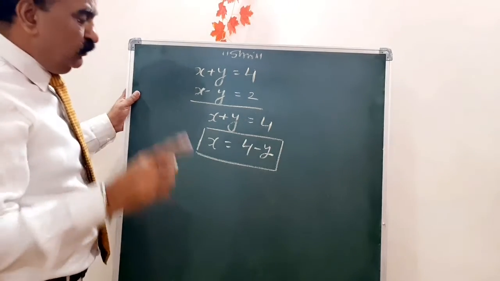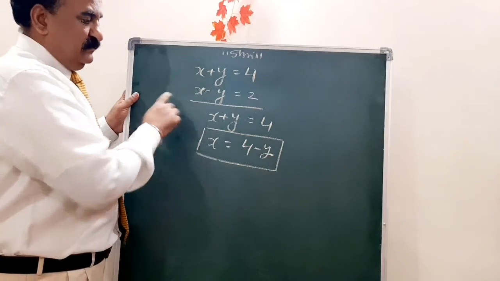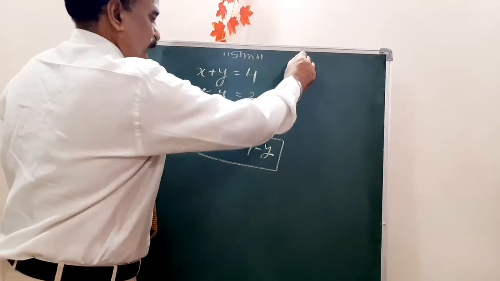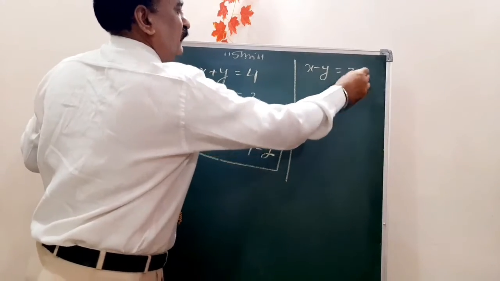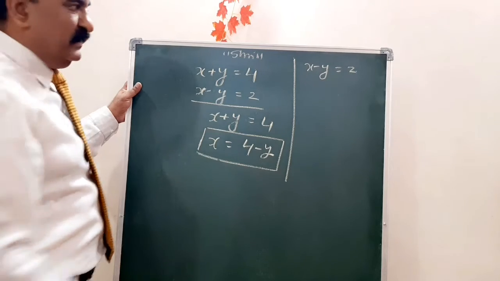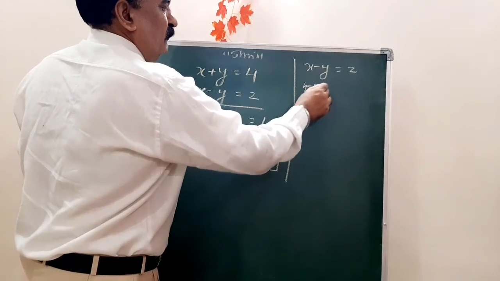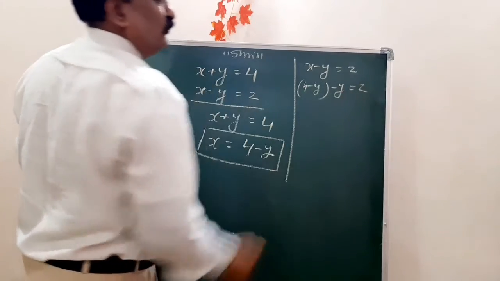Now what you have to do? You have to put this value of x in the second equation. It means x minus y is equal to 2. So in place of x you can put here 4 minus y. So 4 minus y minus y is equal to 2.